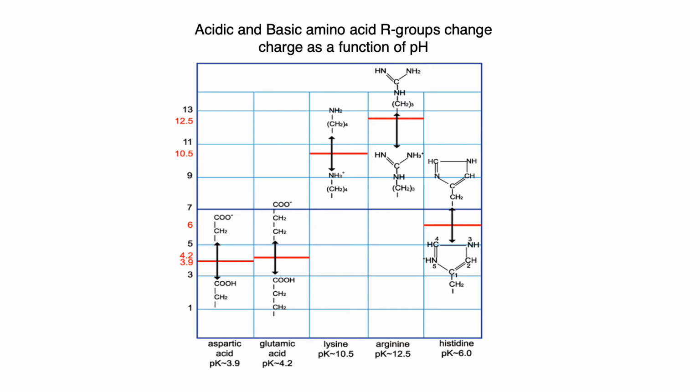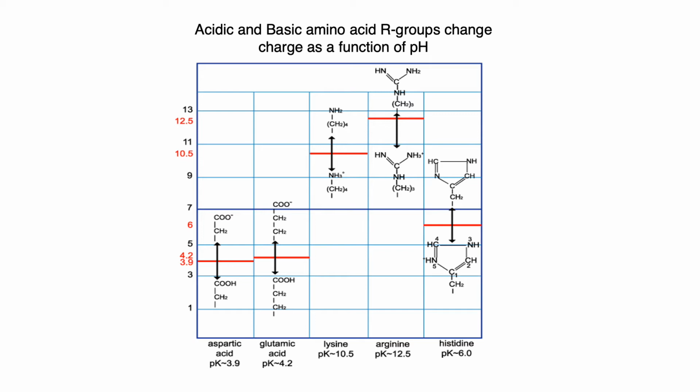So you can change the charges on these amino acid R groups by altering the pH, and there's a pH at which it either accepts or loses a proton. So above 4.2, it loses the proton, glutamic acid. Above 3.9, it loses the proton, that's for aspartic acid. So that pH, where you get that switch, is referred to as the pK.